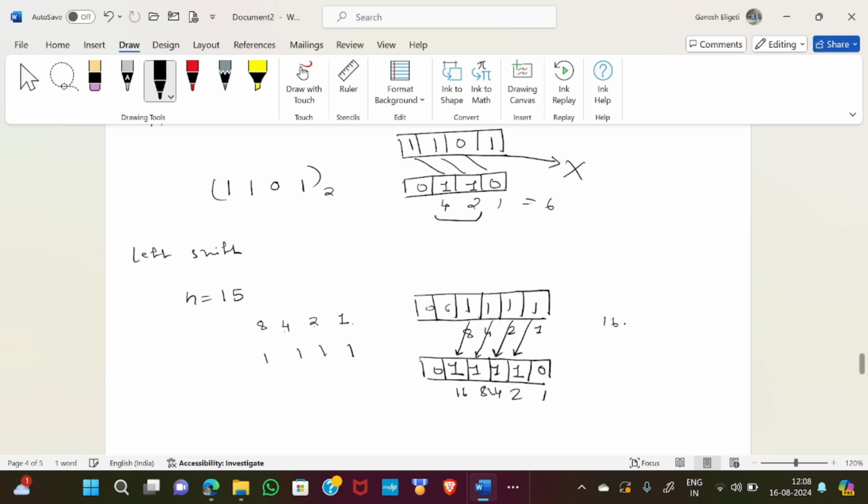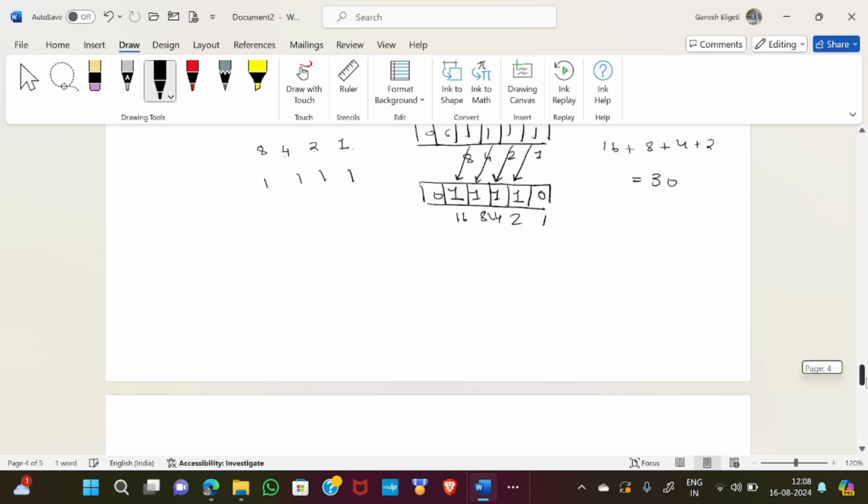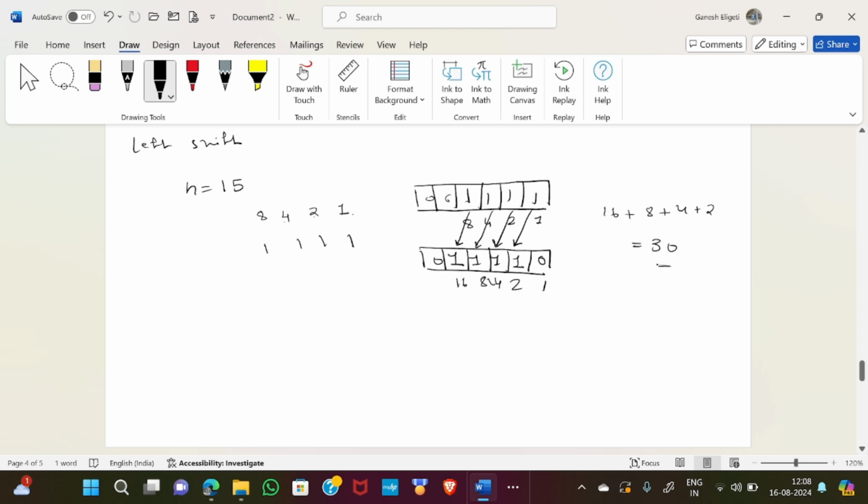So this becomes 16 plus 8 plus 4 plus 2, which is 30. Right, so this number increases.